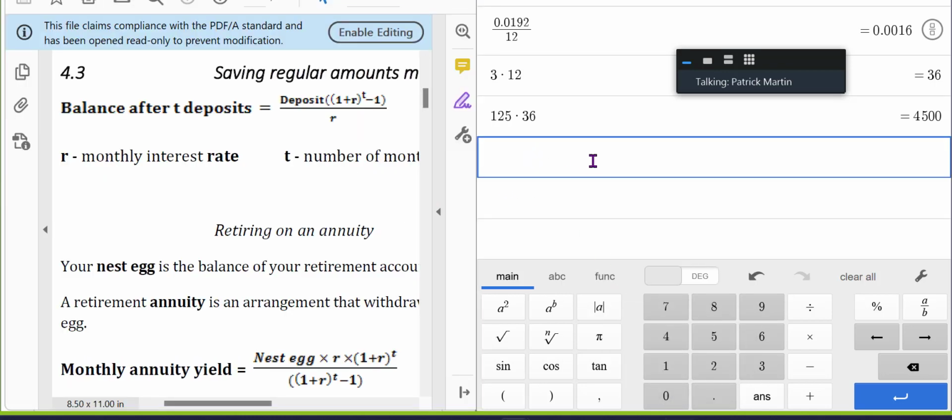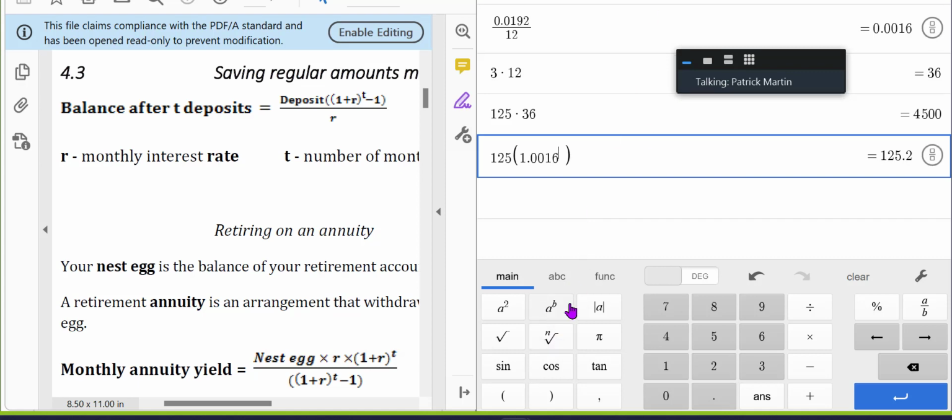So using the formula, it's deposit 125 times 1 plus R, so 1.0016 to the power of T, which is 36 deposits. You can do this a to the power of b if you're using a Desmos calculator. Then subtract 1.